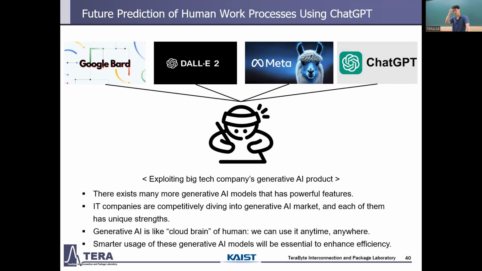Generative AI is like a cloud brain of humans, so we can use it anytime, anywhere, and we don't really have to memorize everything anymore. So we have to use them smarter. Smarter usage of generative AI models will be essential to enhance efficiency.